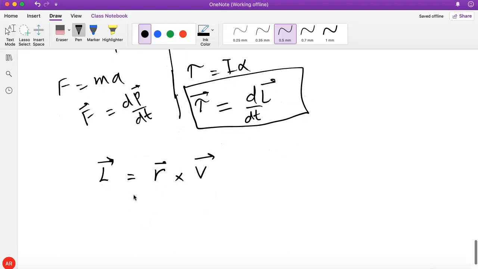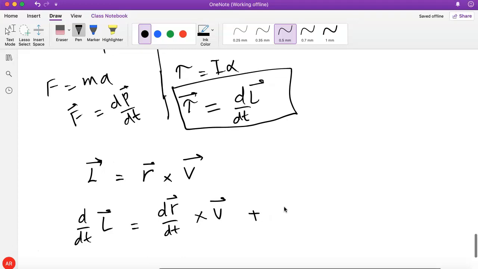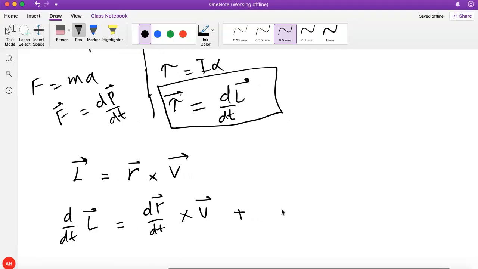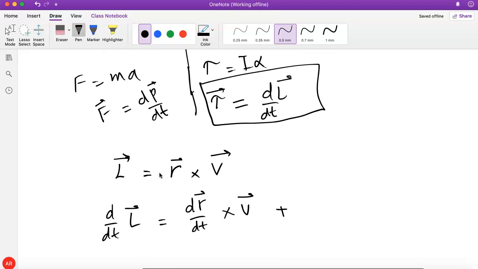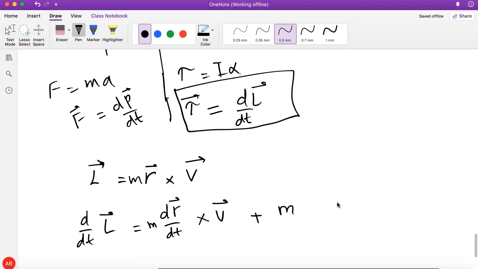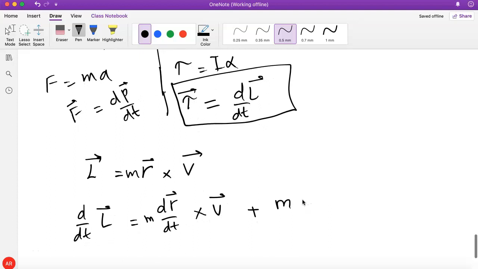And then if I take the derivative of this, it's going to be the derivative of the first one cross mv, since mass doesn't change, plus r cross the derivative of the second one.